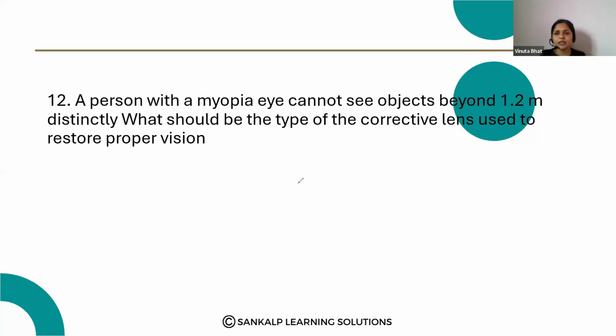So what type of lens should be used to restore the proper vision? Here, the concave lens. So these concave lenses are used to correct this eye defect.